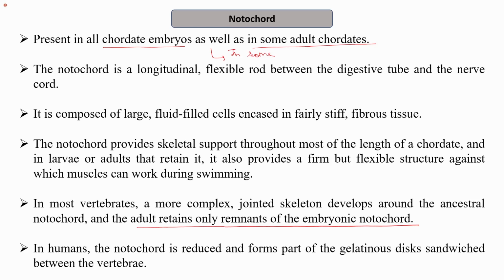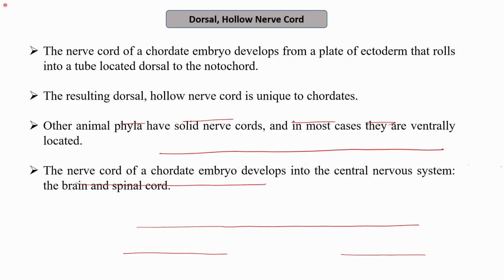Later on, a more complex jointed skeleton develops around the ancestral notochord. In humans, as I mentioned, the notochord is reduced and forms part of the gelatinous disc, which is sandwiched between the vertebrae. So in humans, we have the vertebral column and the notochord is reduced.